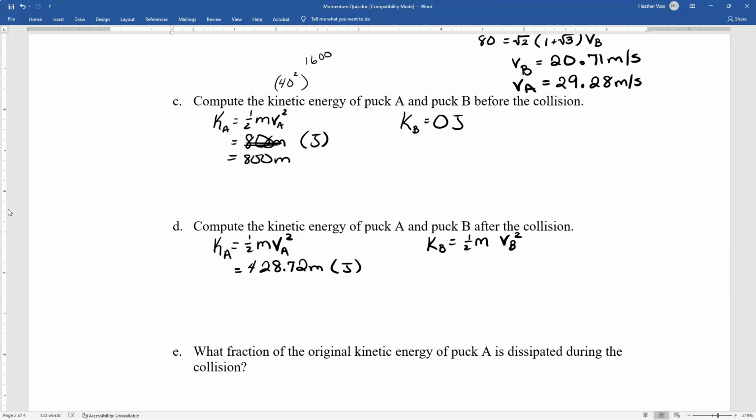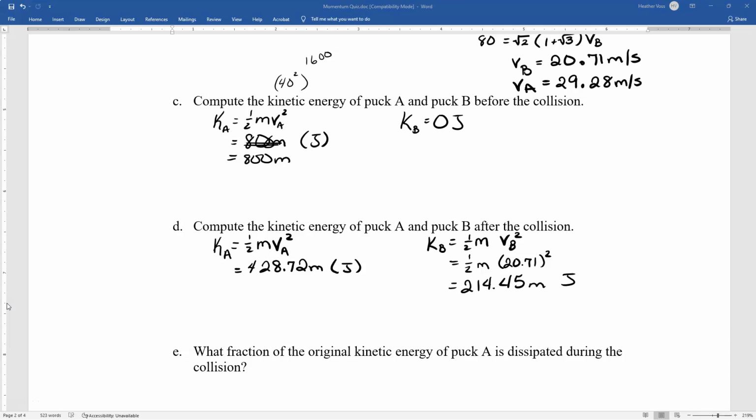Okay, here for B, we have 1/2, the mass I don't know, velocity of B, so we've got that 20.71, and we're going to square that. So we have 20.71 squared times 0.5. So this is going to be 214.45 times mass, joules.